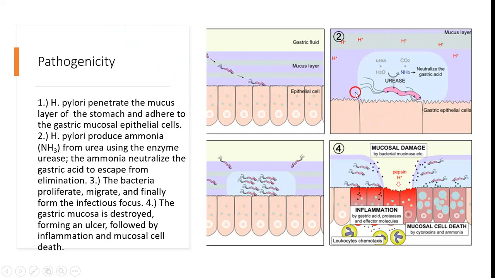Now, when it gets there, it's going to start to release that urease enzyme, and that's going to neutralize by producing ammonia. Now remember, the acid in the stomach is acidic, ammonia is basic, so we start to neutralize the gastric juices. And when you neutralize the gastric juices, you give that bacterium a better chance to replicate and divide.